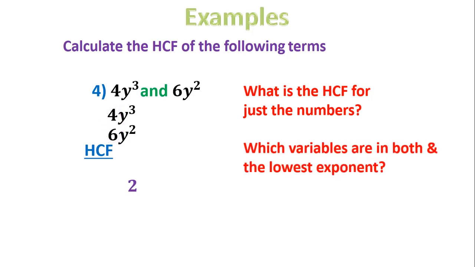Now, which variables are in both? We have a y in both, and so I write down y. Now I look at my exponents for my letter y, and I have a 3 and a 2, and I choose the lower one of the two, and so I get y to the power of 2. That means my HCF is 2y squared.